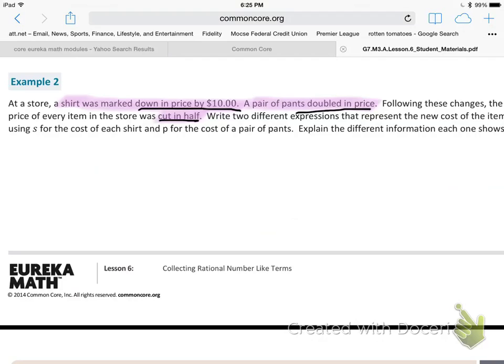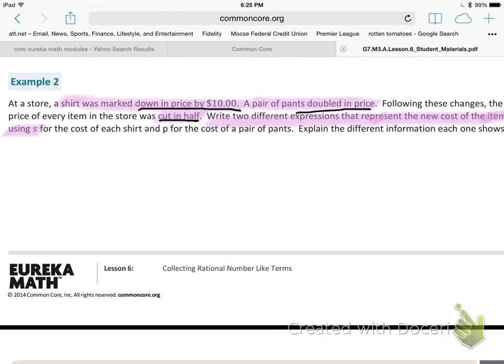It's after Christmas. People aren't as hot for buying things, so the price of every item in the store is cut in half just to get everything out. Because what happens is that retailers want to get rid of their stock and their inventory and bring new things in. Okay, so that's the kind of situation you would have here. But what they're asking us to do right now with these bits of information is to write two different expressions that represent the new cost of the items.